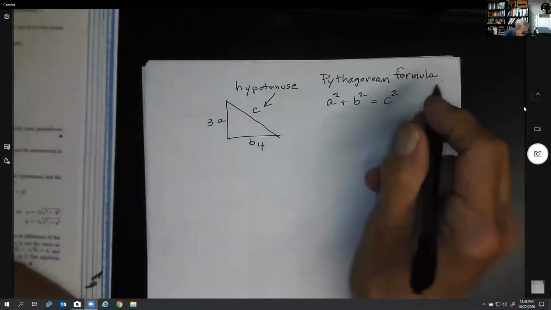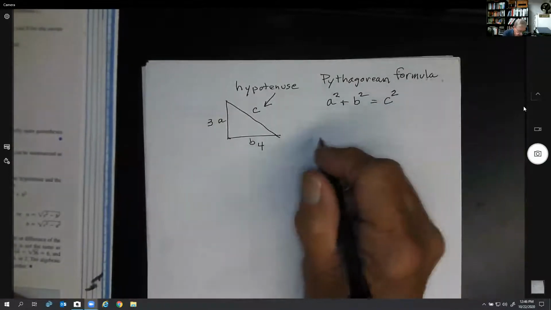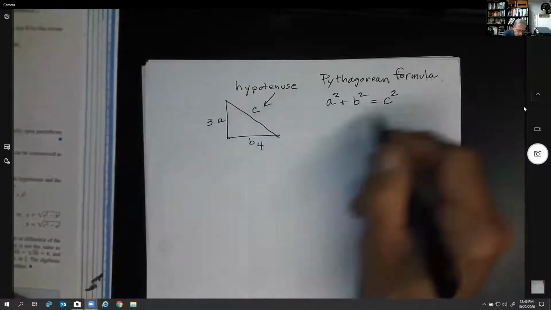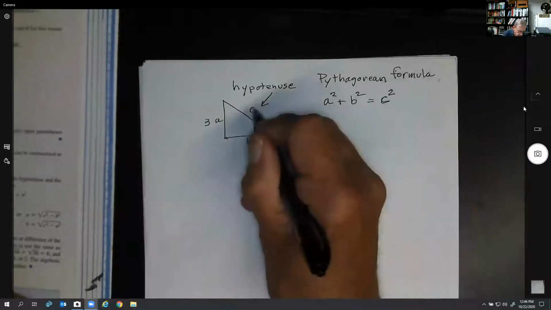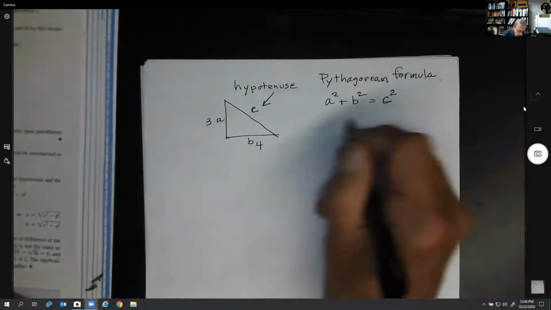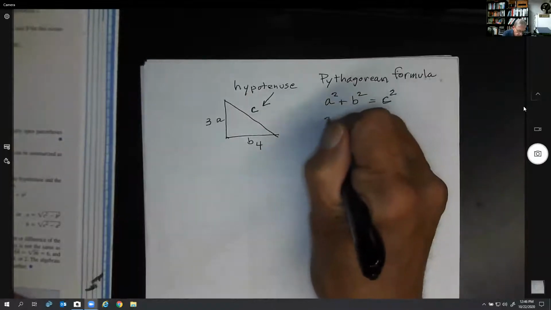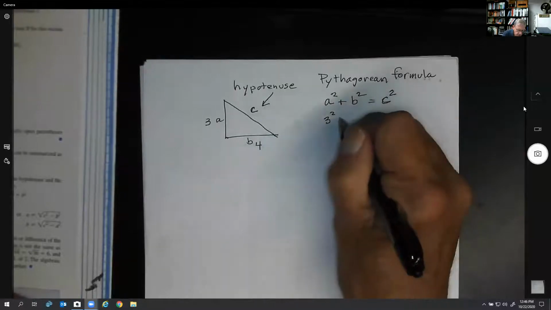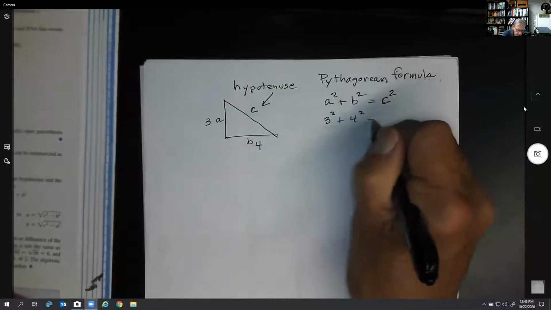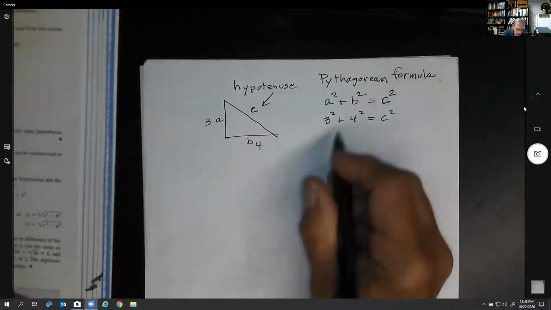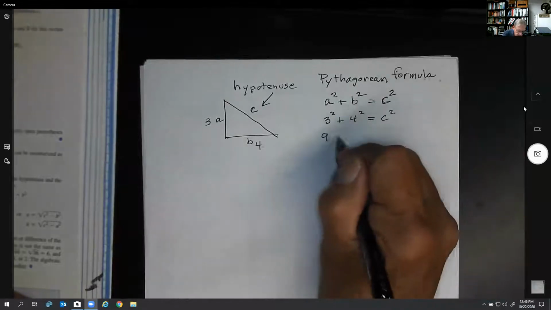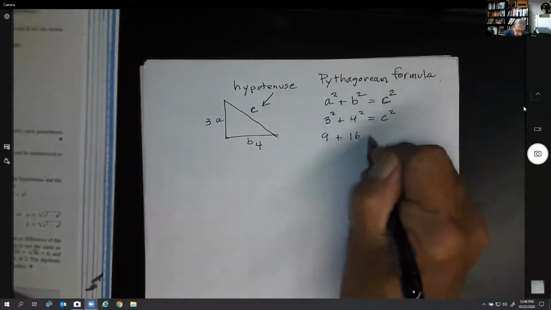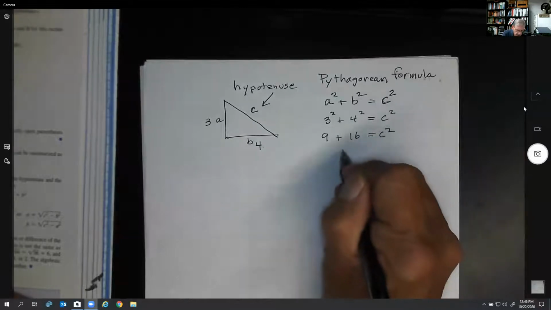Anyhow, let's say we want to find side C here. We got 3, 4. C is always the longest side, remember, it's the hypotenuse. So we would put this into the formula, 3 squared, plus 4 squared, equals C squared. So first we'd square these, 9 plus 16 equals C squared, and we add them together.